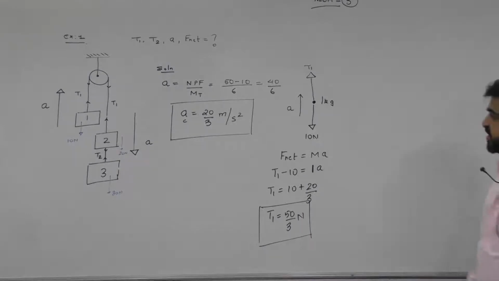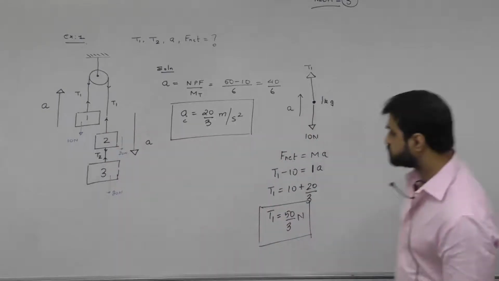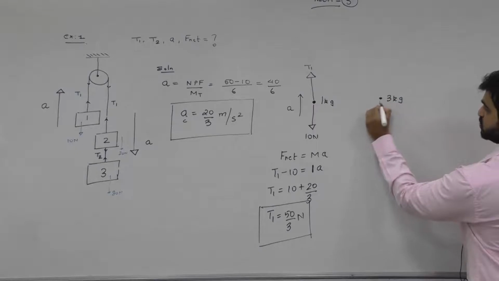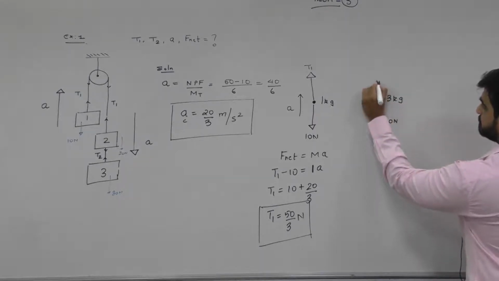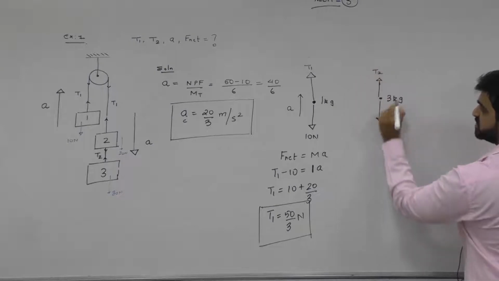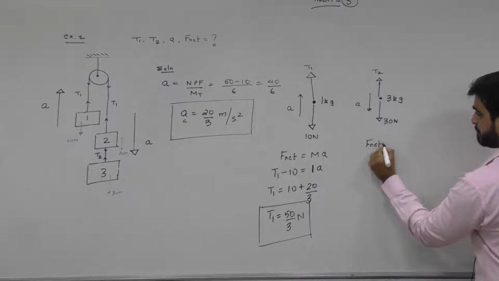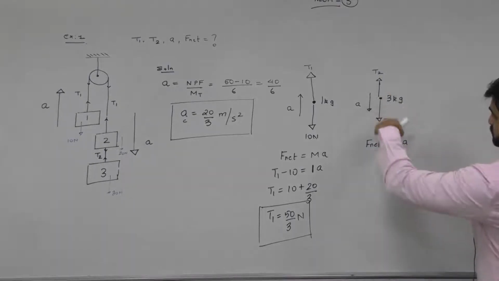Correct? Now I'll draw free body diagram of 3. You can draw it with 2 also. I'll show it to you later. So 3 kg. Who's acting down? 30. Who's acting up? T2. Where is the system going? Down. Can I apply F net is MA? How much is F net? 30 minus T2.